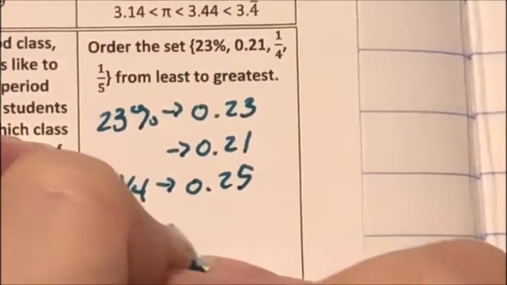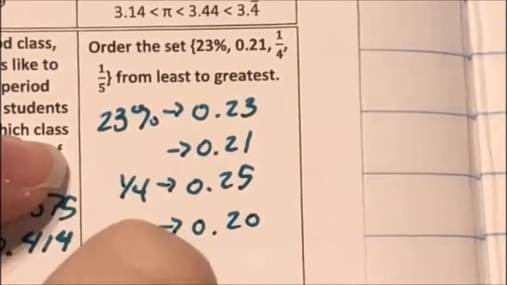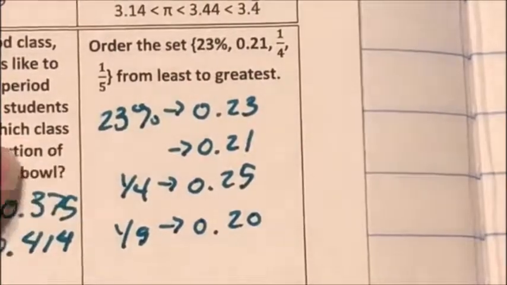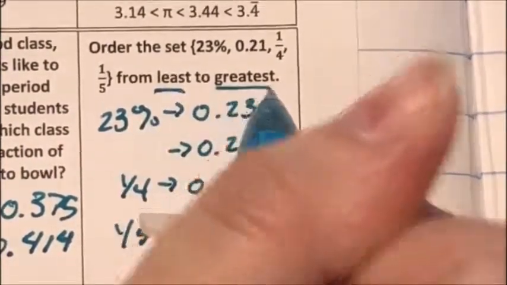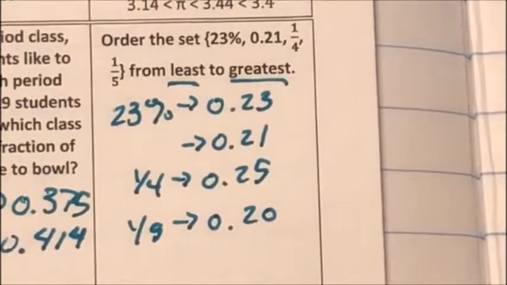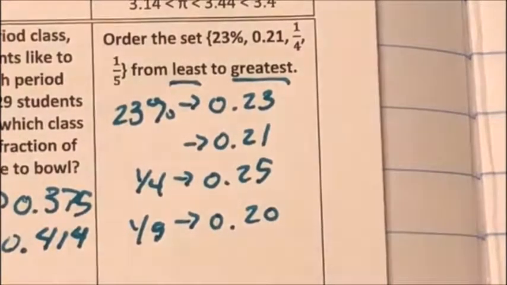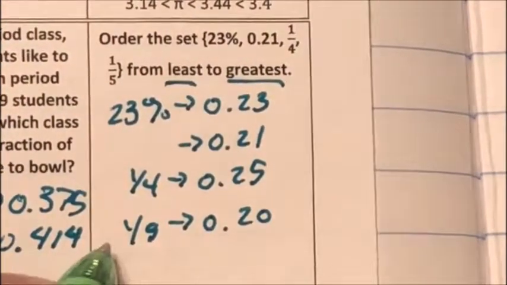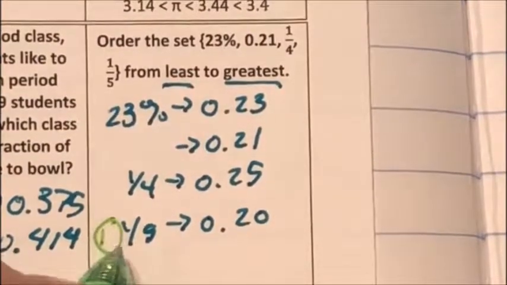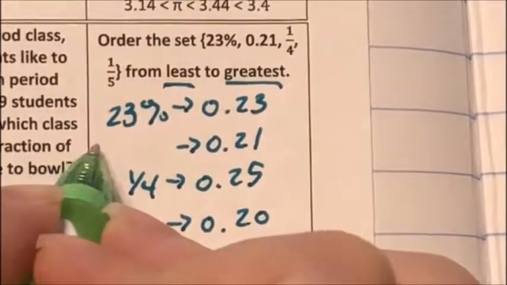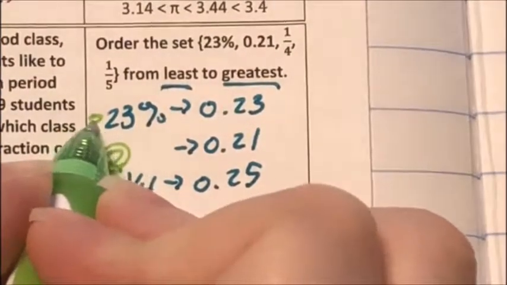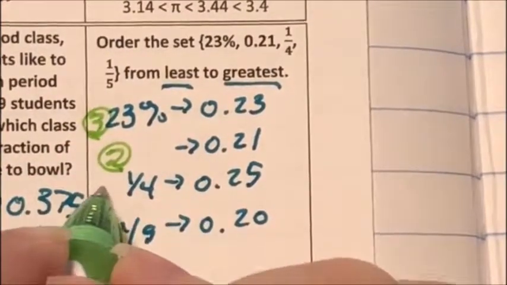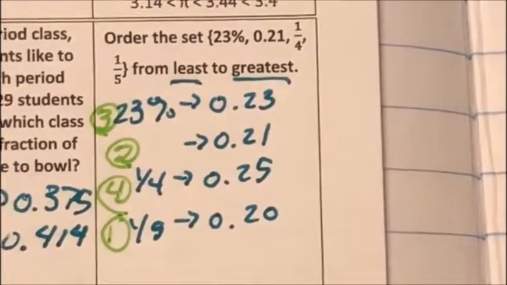And 1/5 is 0.20. Okay. I'm ordering from least to greatest, so smallest to biggest. The smallest one is 1/5, and then it's 0.21, and then it's 0.23, and then it's 0.25.